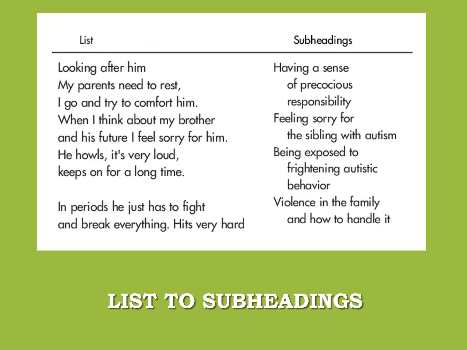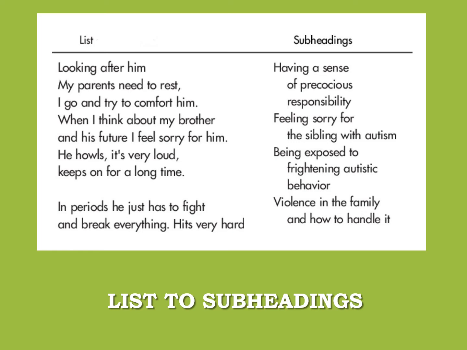On your left, you have a list. This is what the writer of this essay, and she was writing an essay on living with an autistic sibling. And after she had drafted her essay, when she went back, these were the parts that she noticed when she divided it.